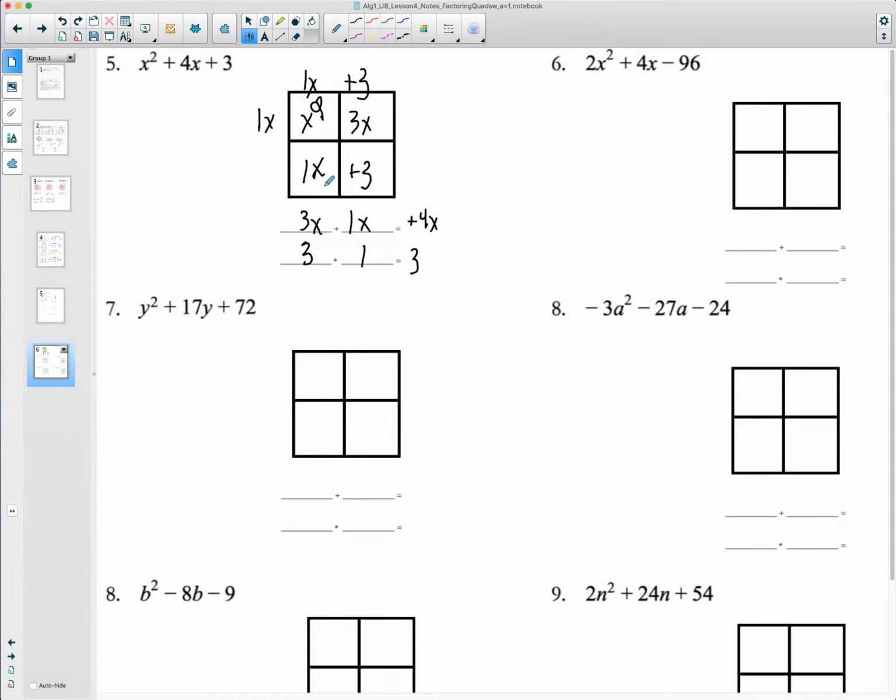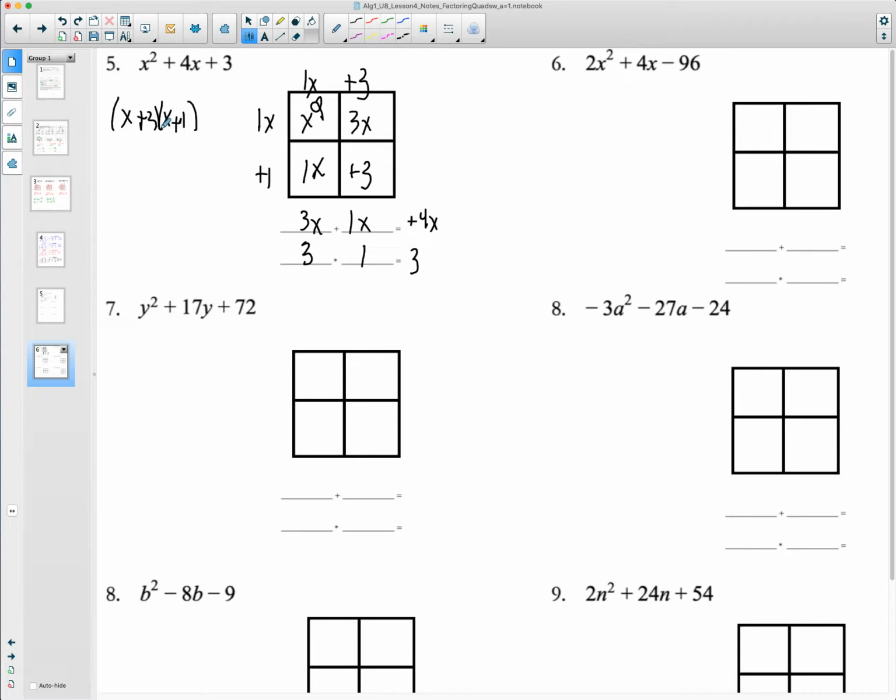And then if we look in our second row here, our GCF once again would be just a plus 1. And so you can see that here are our factors. So if we write these out, we should have x plus 3 times x plus 1. And there is our quadratic now in factor form.